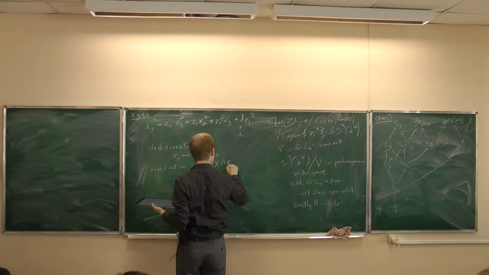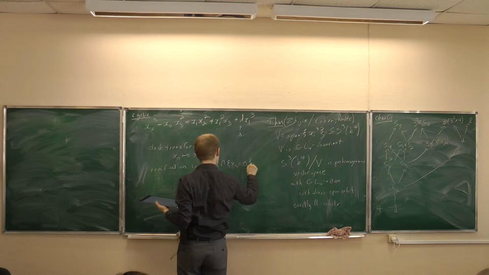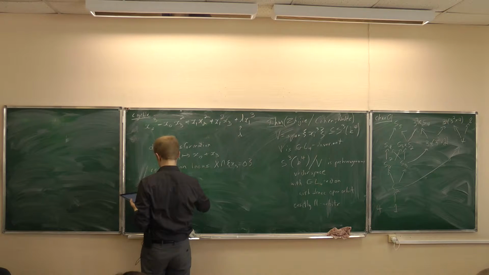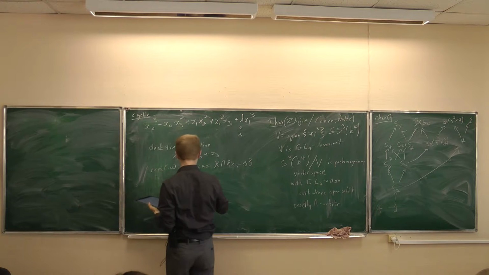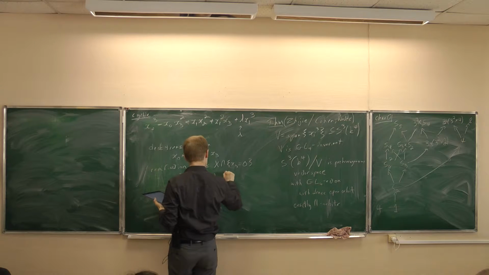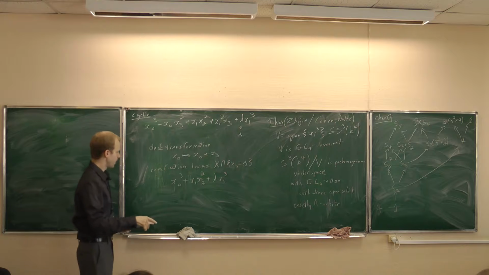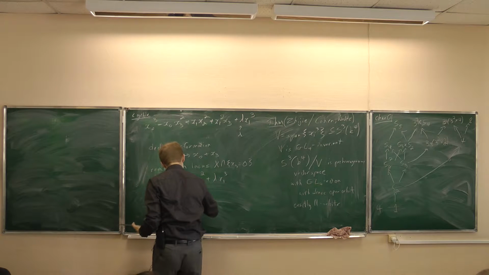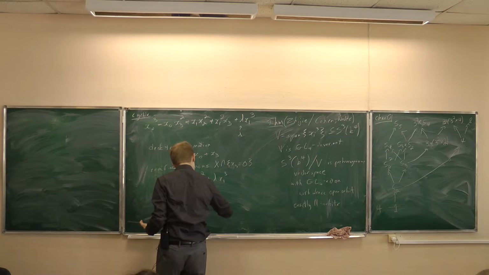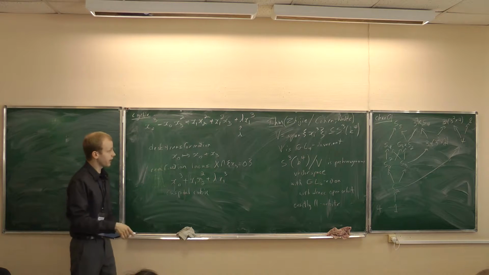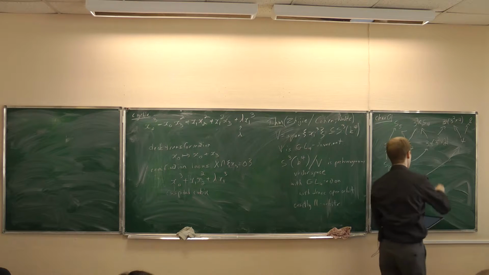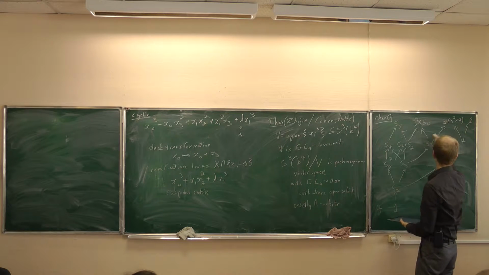So if you intersect this with the plane x3 equals 0, you find that you get a cuspidal cubic rather than an elliptic curve as lambda varies. Okay. So this is a cuspidal cubic. But nonetheless, you get exactly the same automorphisms acting in the general case.